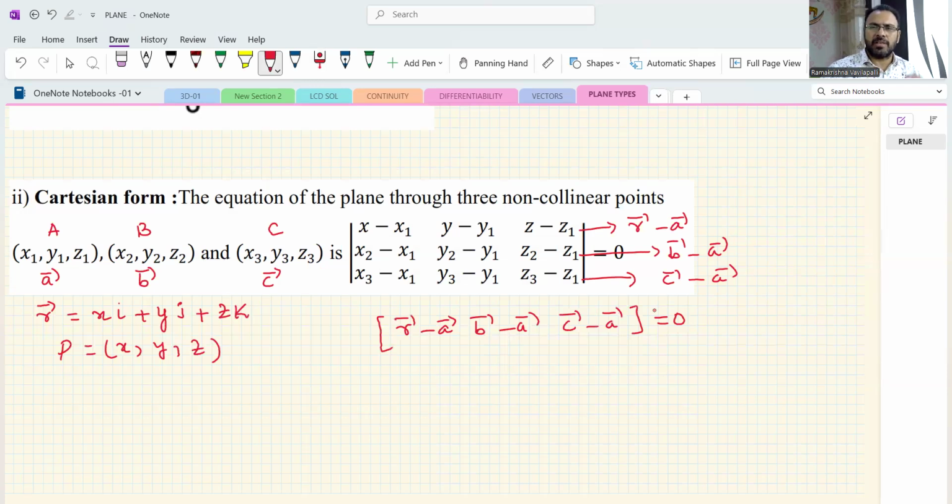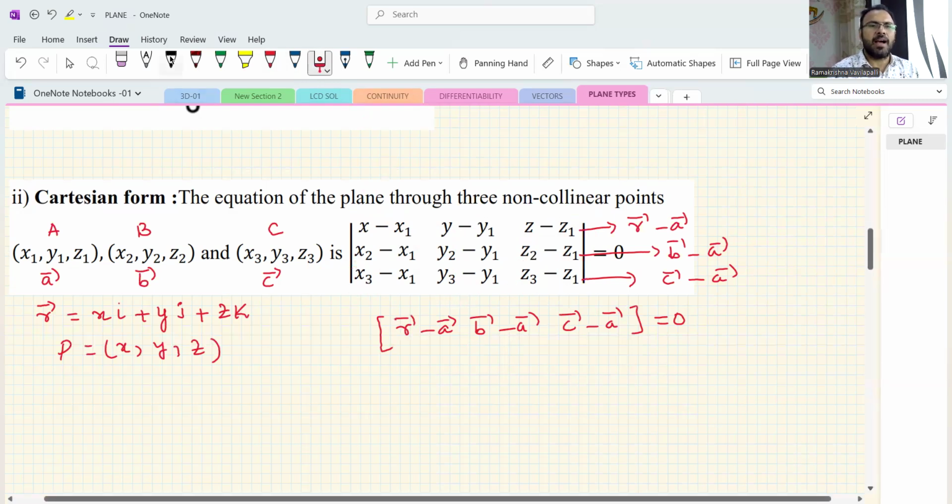Every time we use that determinant format. So for the plane passing through 3 points, the first row is x minus x1, y minus y1, z minus z1. Then in that you substitute x2 in place of x, y2 in place of y, z2 in place of z, and again x3 minus x1, y3 minus y1, z3 minus z1.